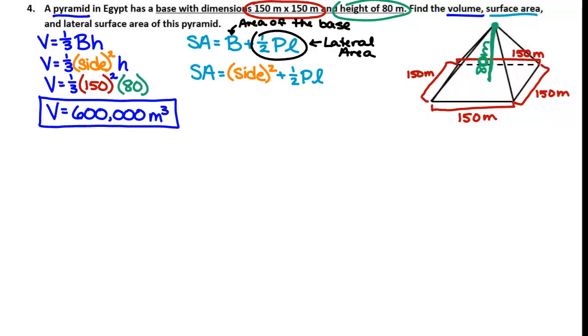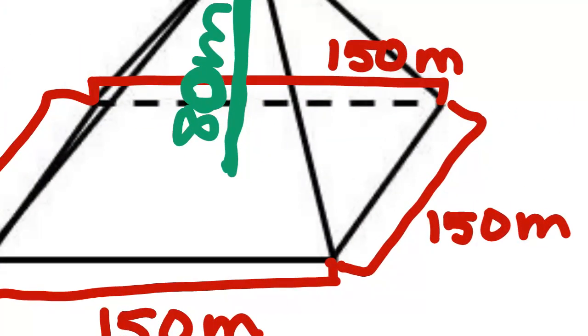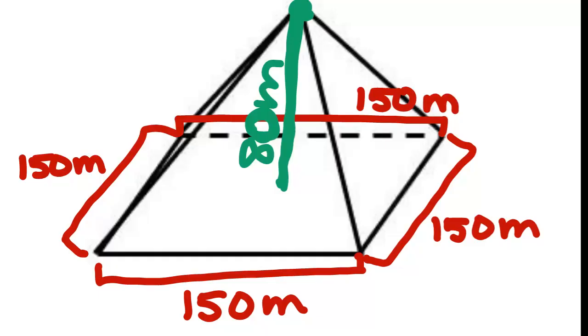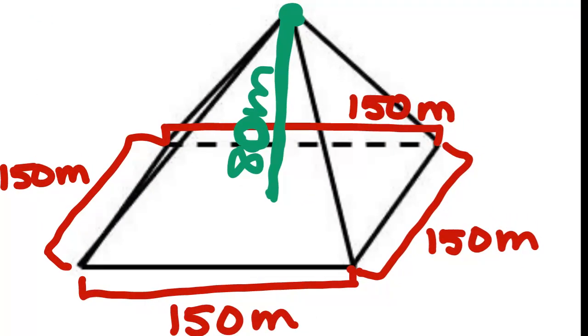So the first thing I'm going to do is over here on this picture, I need to create a right triangle so that I can find my slant height. So I'm going to go from the center of the base, that's where the height hits, over to a base edge.